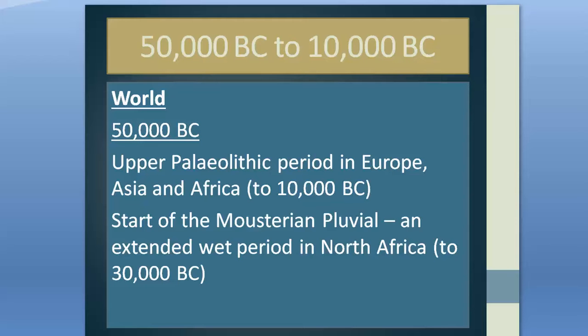The system was caused by climate changes during the last ice age, with the advancement of the ice sheets in North America and Europe, Arctic tundra conditions in more temperate zones, and rain bands heading further south into northern Africa. You may have heard arguments that the Sphinx had seen rain and must be much older than the pyramids, for example. That's probably not true, but it refers back to the Mousterian Pluvial.